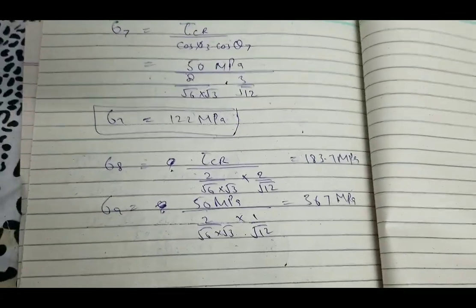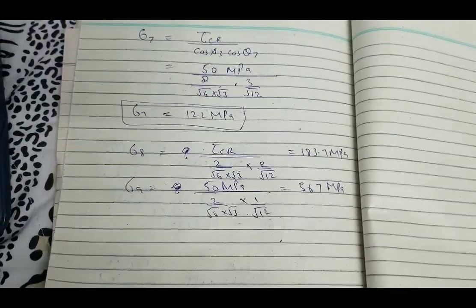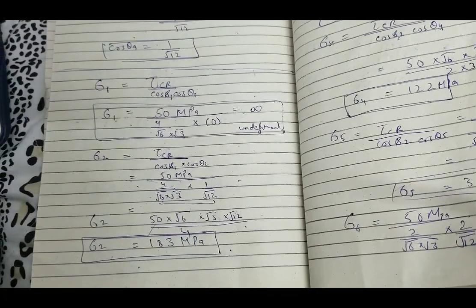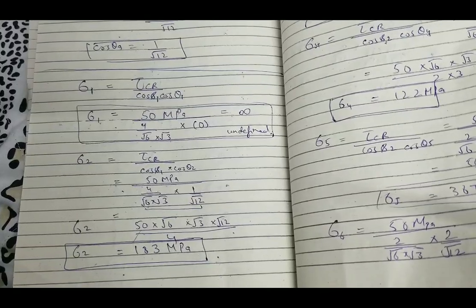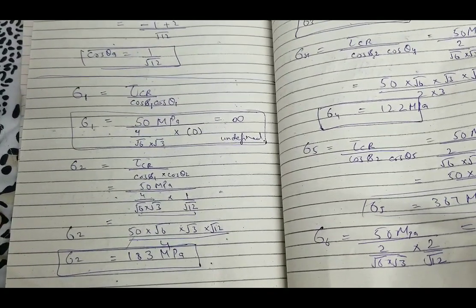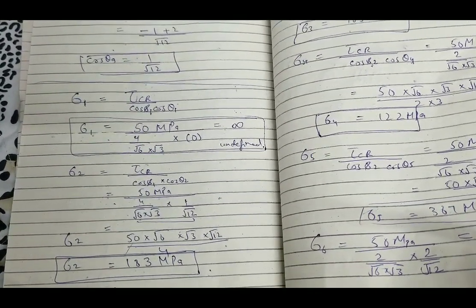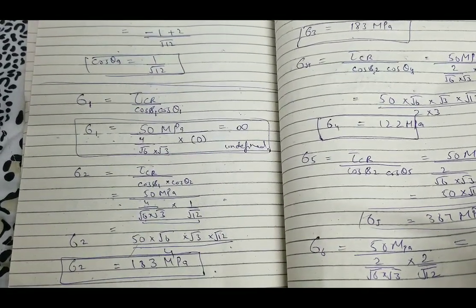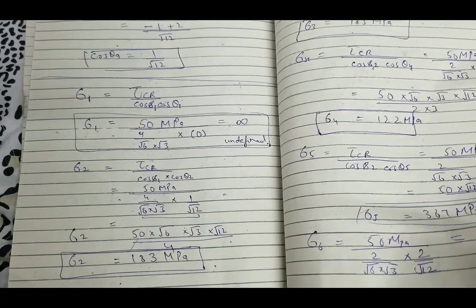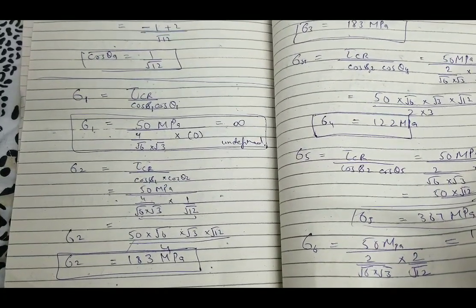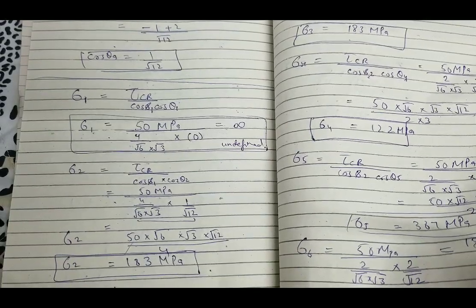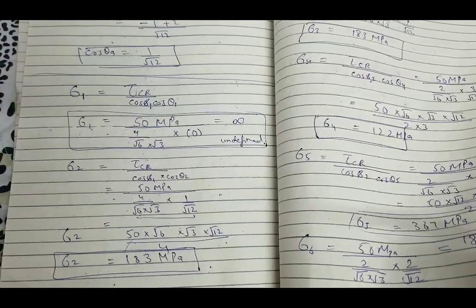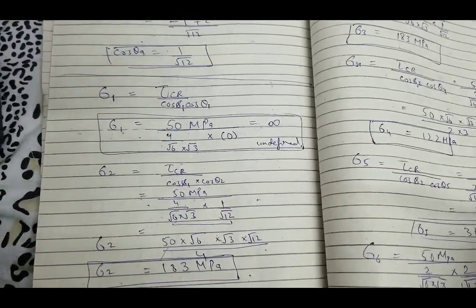Now we have got all of these values of critical normal stress, and we can see the slip systems which have the minimum critical normal stress will be the slip systems which go into initial slip.